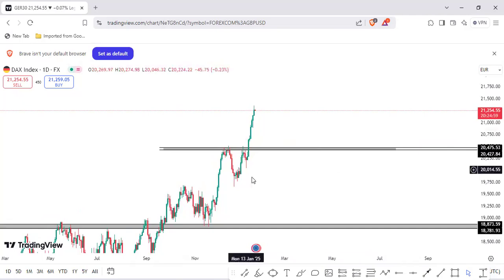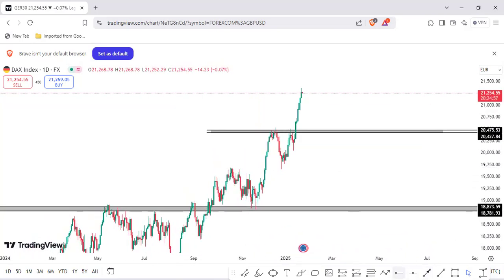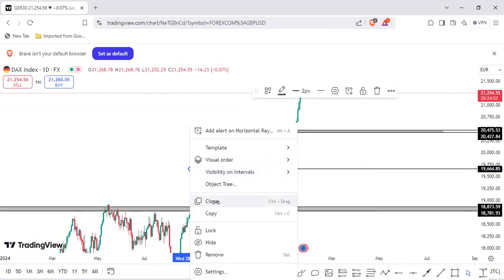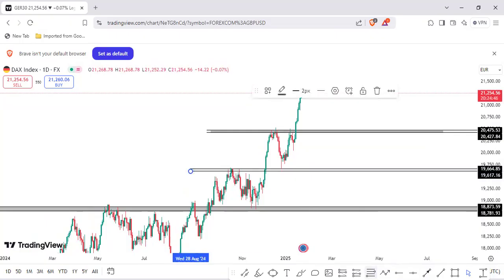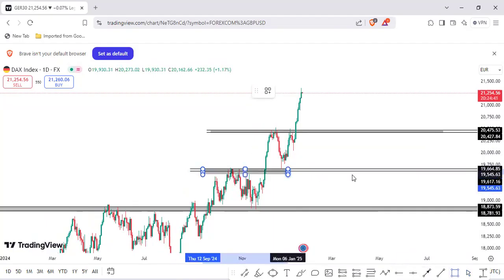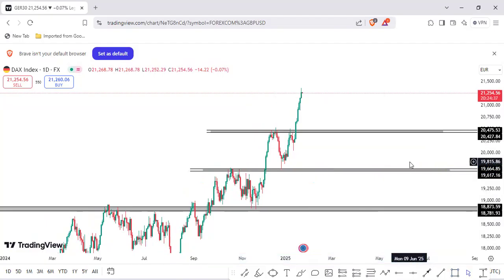Okay, one is here, and another one is also inside here. Yes, that is good. Let me put in my rectangle too, also to make it more clean and neat. This is how I like my chart to look.